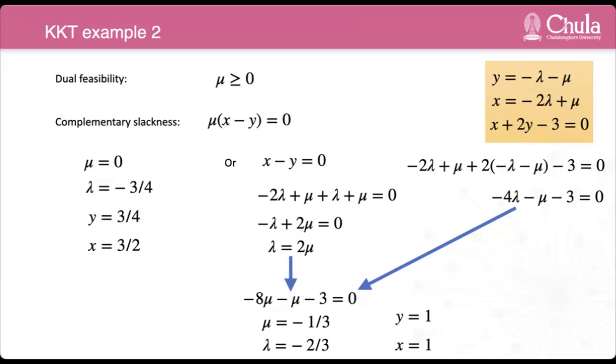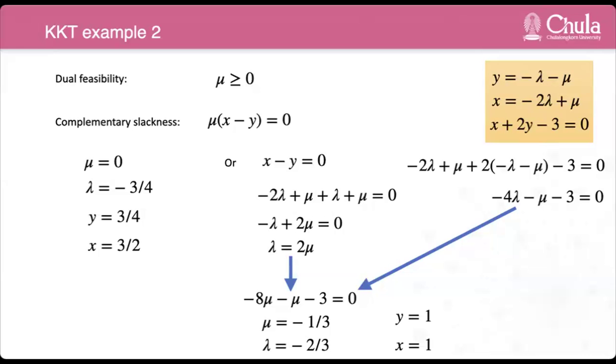Or x minus y is 0. If x minus y is 0, then you substitute x and y here. We obtain lambda equals mu.